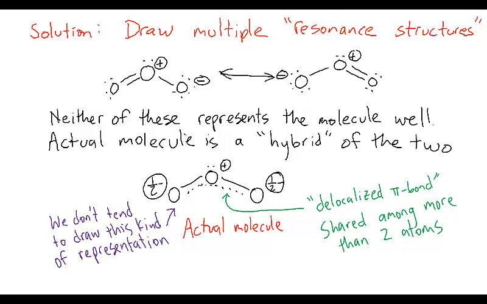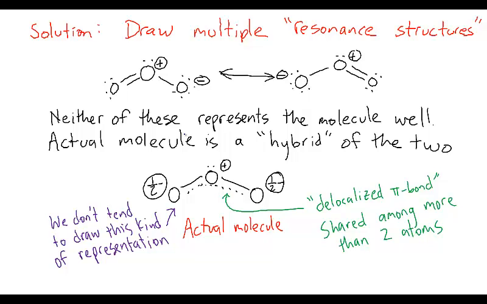So the question is, why can't we just say this representation I drew at the bottom is the best way to represent it? Again, when we start drawing mechanisms for reactions, we need to have specific places for the lone pairs to be drawn, and this kind of representation at the bottom is problematic for that reason, so we tend not to draw them that way.